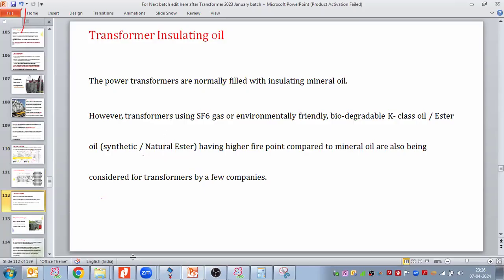The power transformers are normally filled with insulating mineral oil. However, transformers using SF6 gas are environmentally friendly.